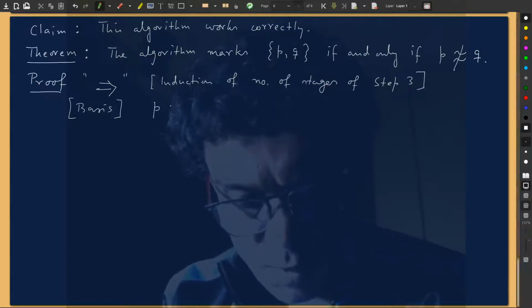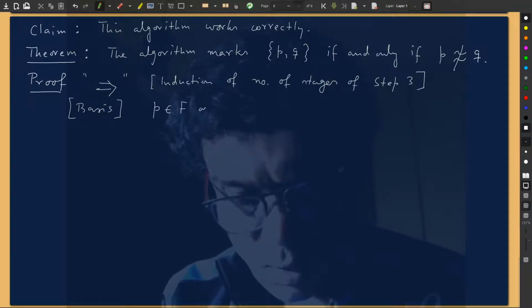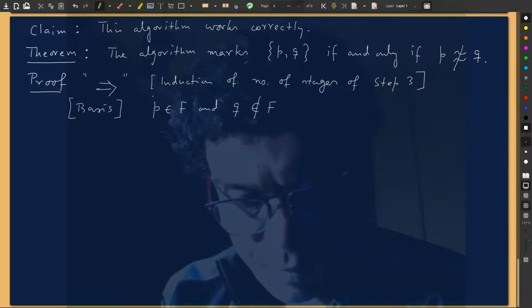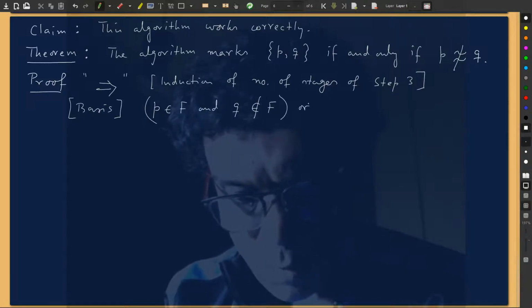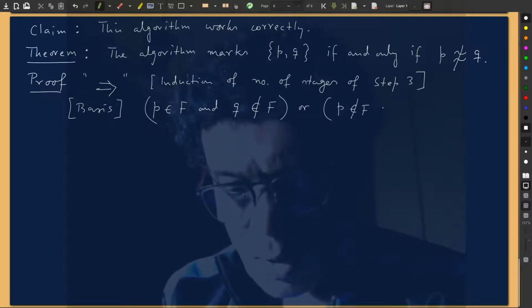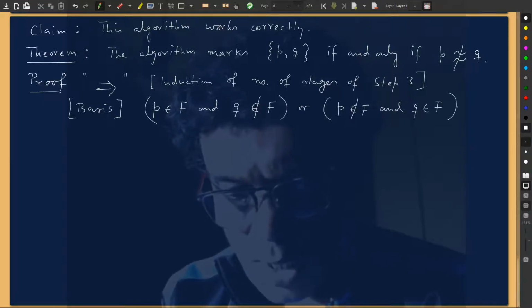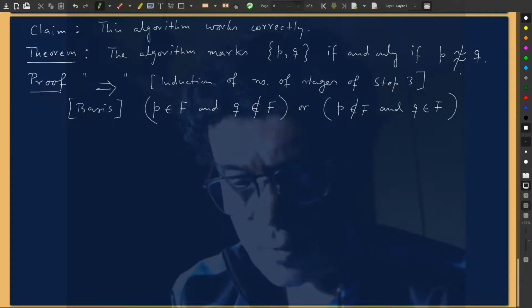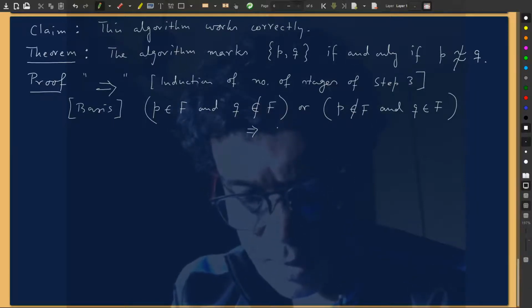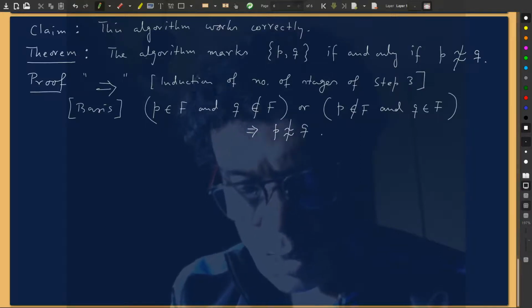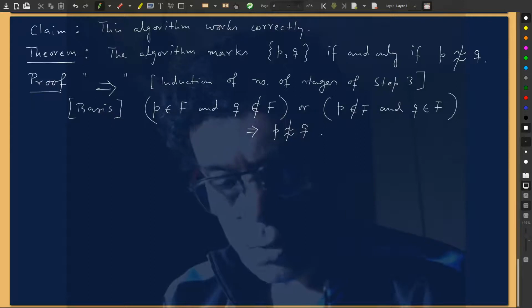That is possible when P is in F and Q is not in F. So this is one possibility, or just the opposite: P is not in F whereas Q is in F. But then by definition of this equivalence relation, it follows that in this case P cannot be congruent to or equivalent to Q.